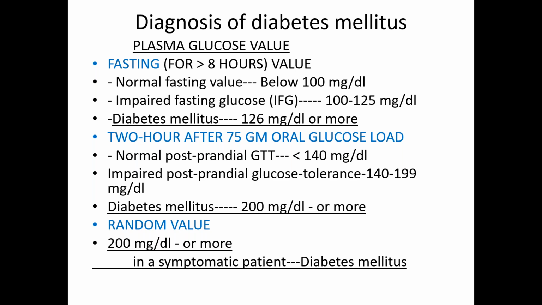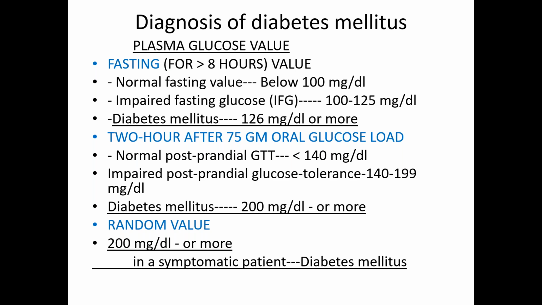You should give the patient 75 grams of oral glucose dissolved in a tumbler of water, and after 2 hours you should take the blood glucose value again. If it is less than 140 milligrams, then it is a normal condition, and it is still impaired glucose tolerance if it is 140 to 200 milligrams. And if the value after 2 hours of 75 grams oral glucose load is more than 200 milligrams per deciliter, the diagnosis of diabetes mellitus is confirmed.